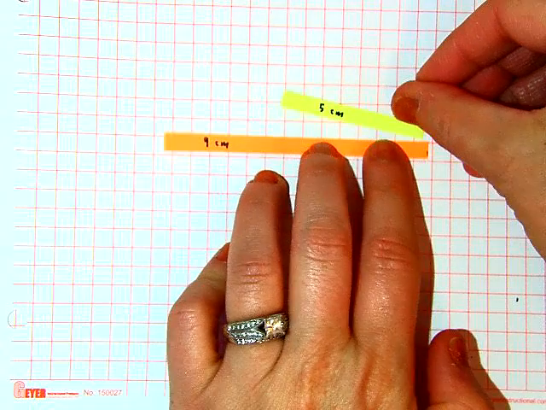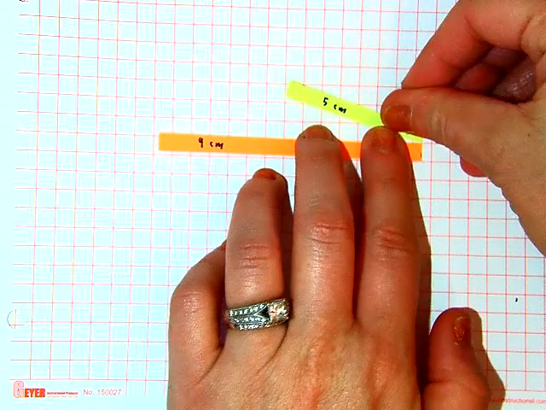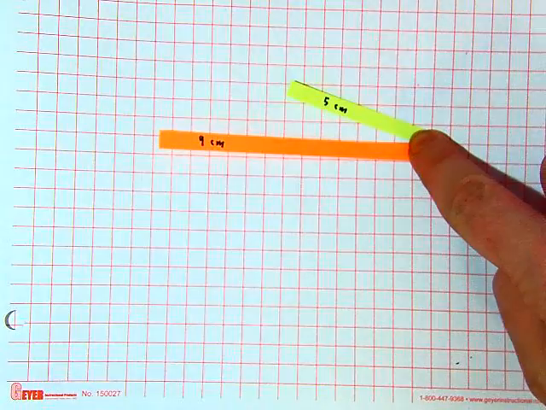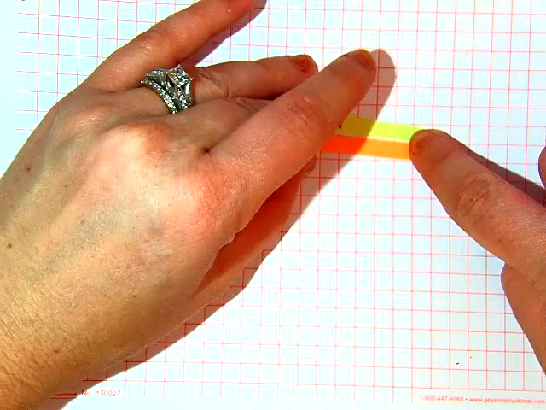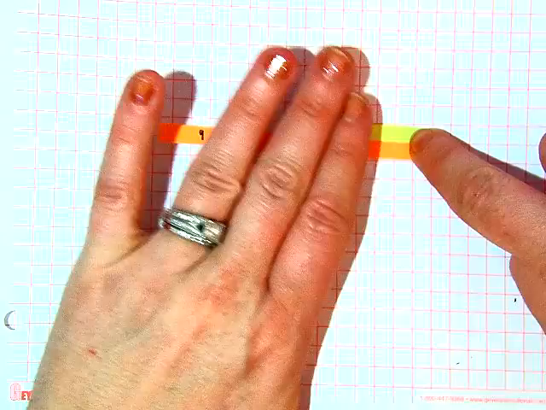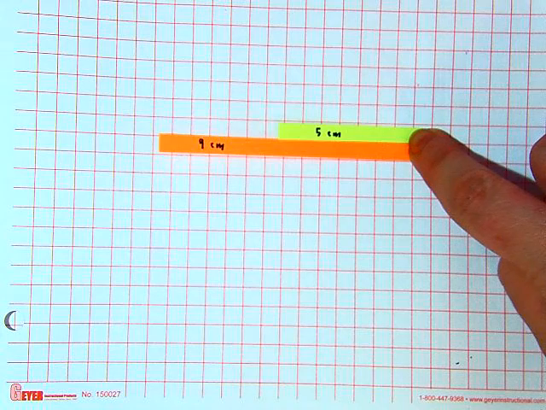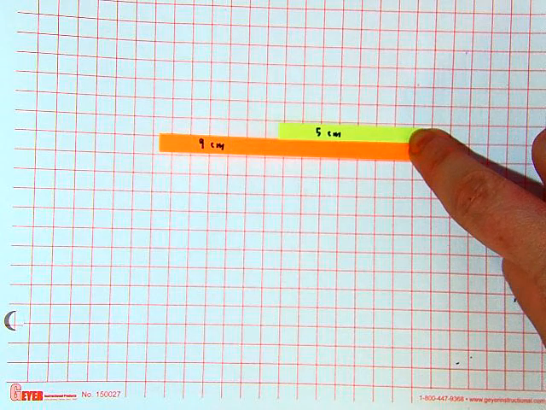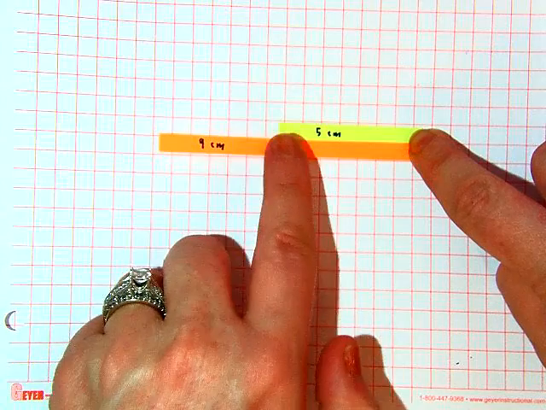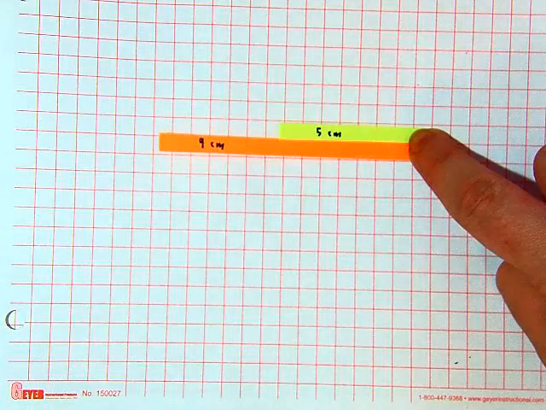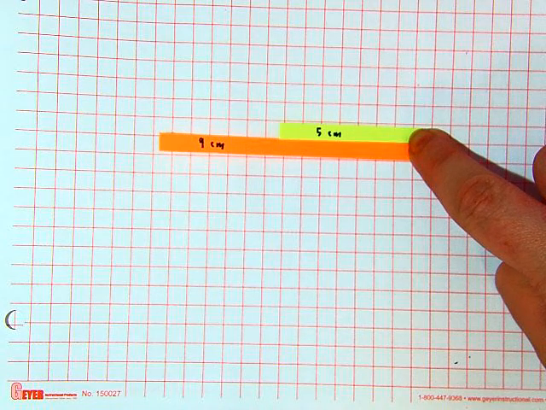So I'm going to connect these two sides right here. I'm going to keep my finger right there, and I'm going to close it down to here. So what I can see is the difference between them would be 4 units. So if that third side was 4 units right here, I would just have a straight pathway. I would not have a triangle.